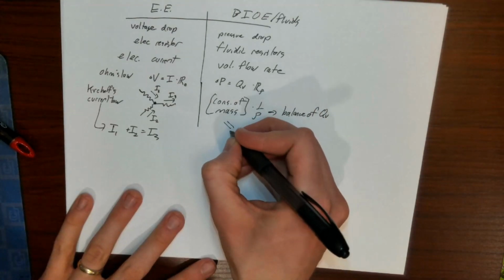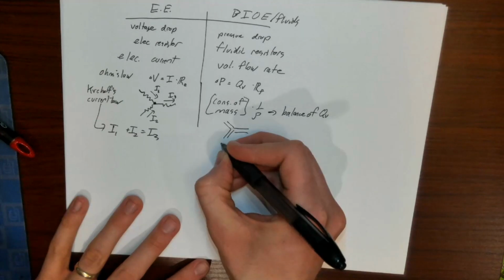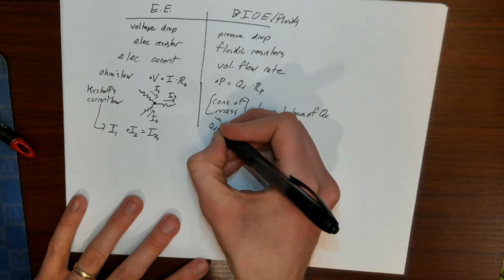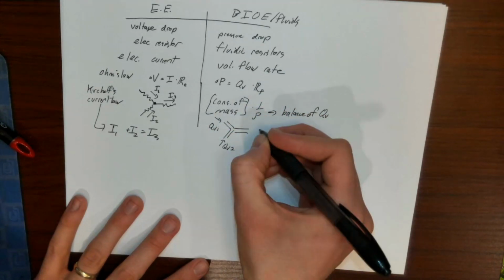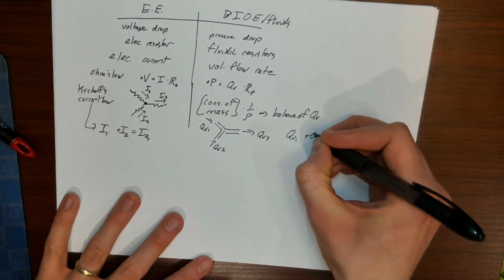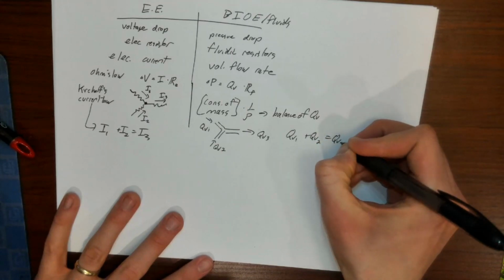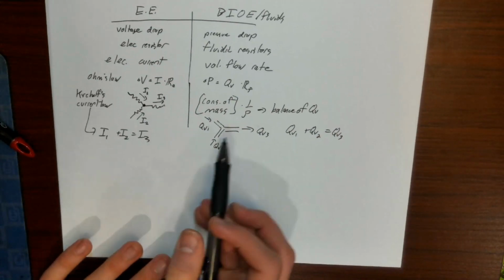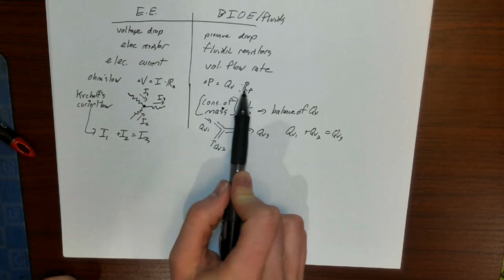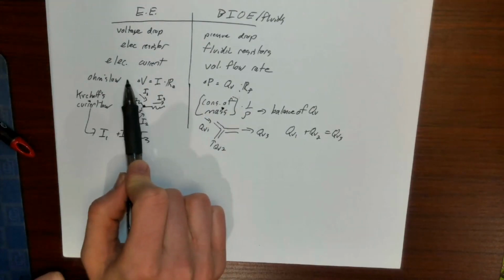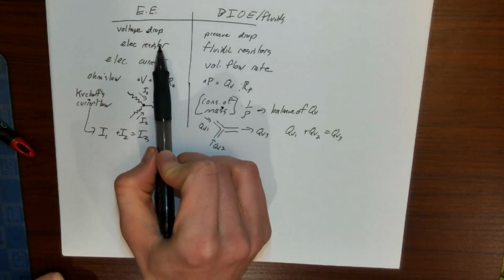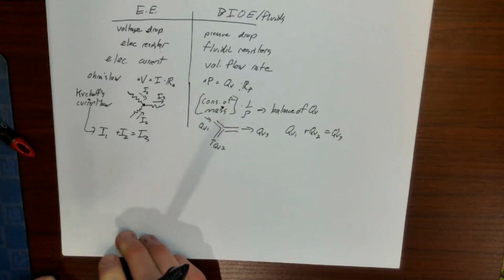So if I have, for example, a couple of tubes where I have, let's say, 2 volumetric flow rates in and 1 volumetric flow rate out, this is analogous as well, right? Conservation of mass is the same as Kirchhoff's current law. The hydraulic or fluidic resistor relationship is the same as Ohm's law, and pressure drop and voltage drop are analogous. Fluidic resistors are analogous to electrical resistors, and volumetric flow rate is analogous to electrical current.